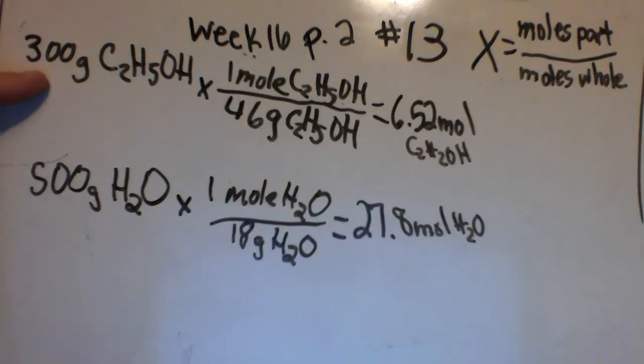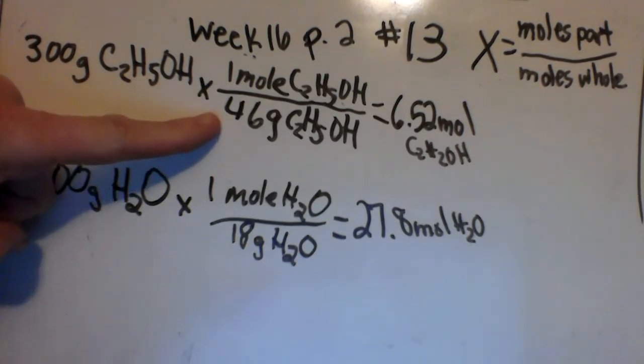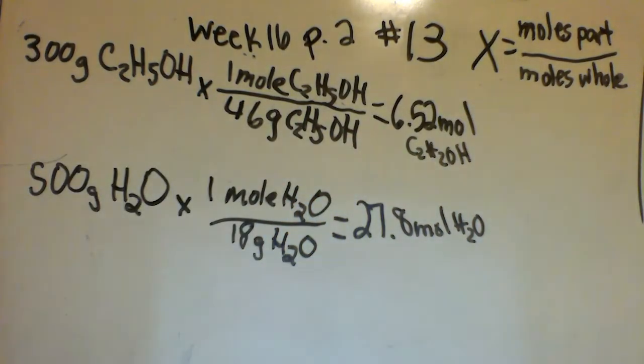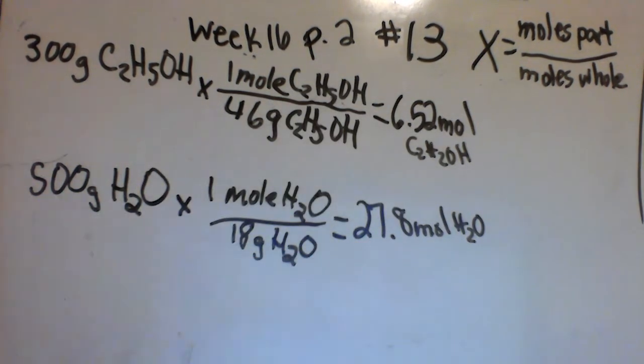We see that 300 grams of ethanol divided by 46, which is its molar mass, equals 6.52 moles of ethanol. We see that 500 grams of water divided by 18, which is its molar mass, is 27.8 moles of water. Now, we need two answers. We need to find the mole fraction of each component.